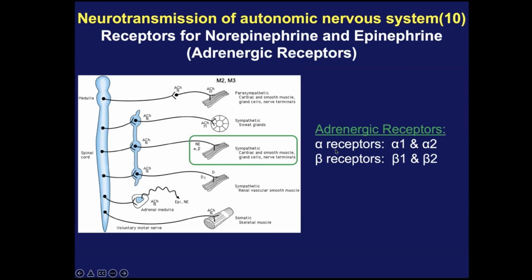Now let's look at the receptors for the norepinephrine and the epinephrine, which are called the adrenergic receptors. These receptors are further divided into alpha 1, alpha 2, beta 1, and beta 2.